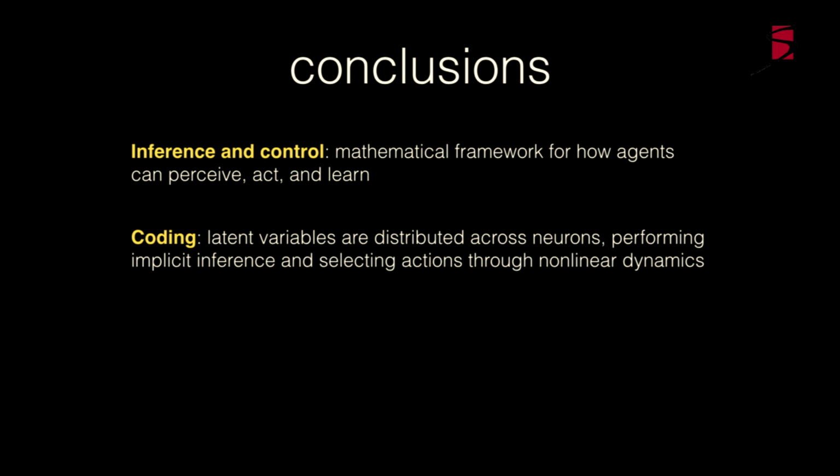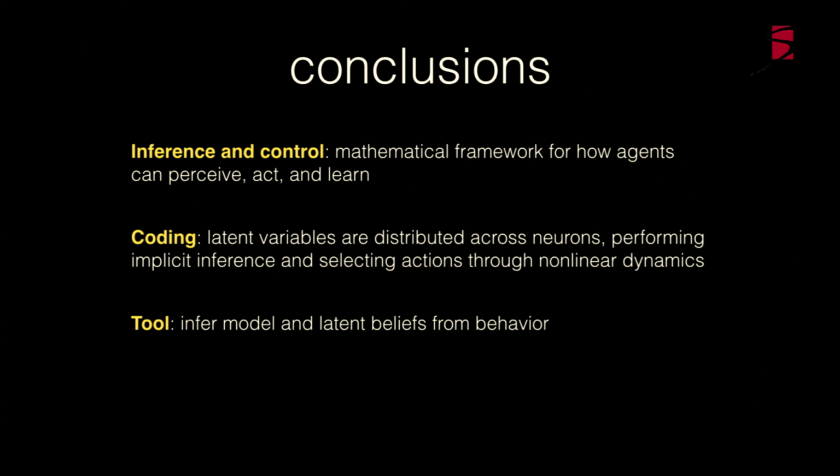We talked a little bit about coding in the sense of how could those beliefs be represented, embedded in neural activity, and how the actions and the dynamics could be implemented by nonlinear dynamics between the neurons in these redundant codes. So there's some work on that you could read.